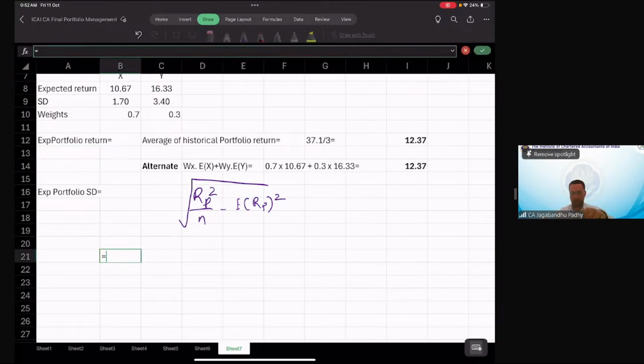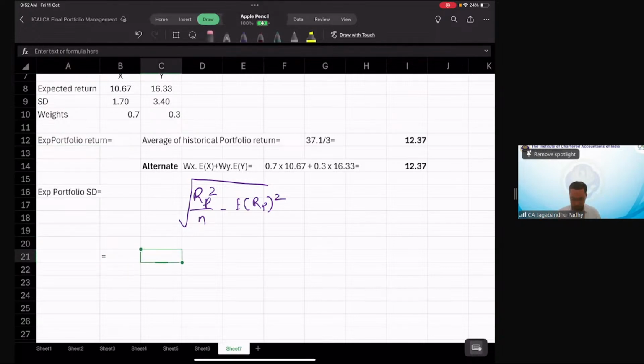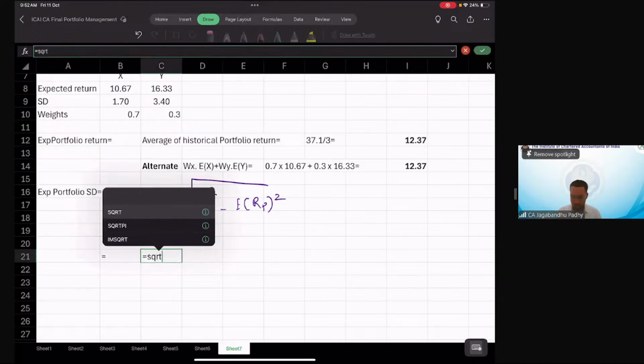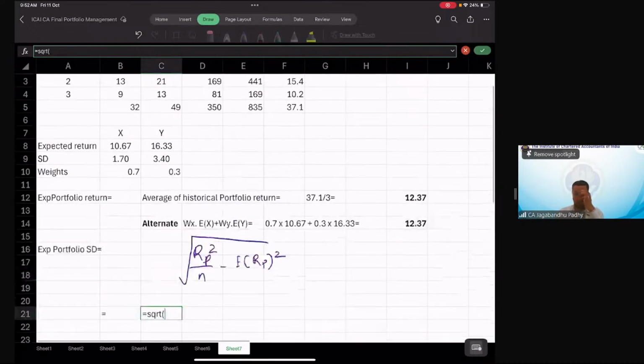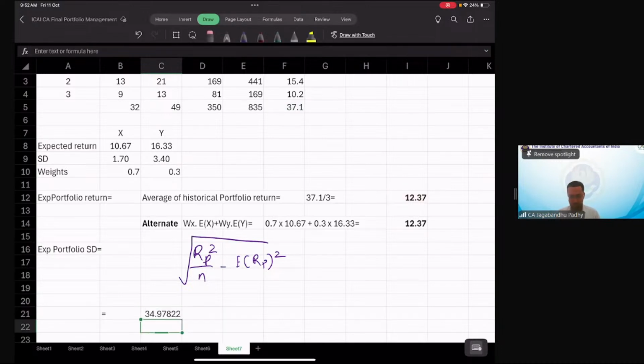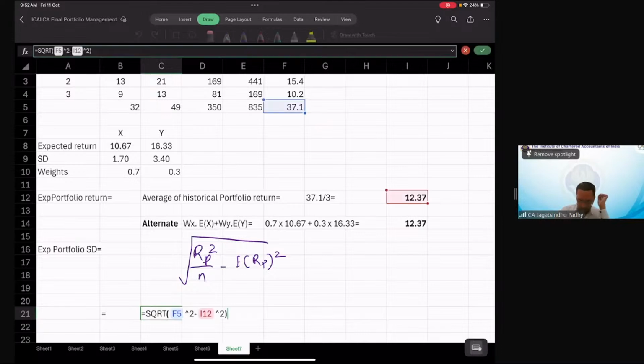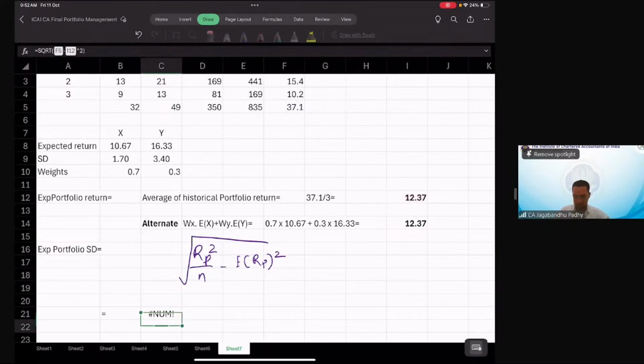So if I apply this, let's say square root of return of portfolio square, which was 37.1 square, minus the expected return square.